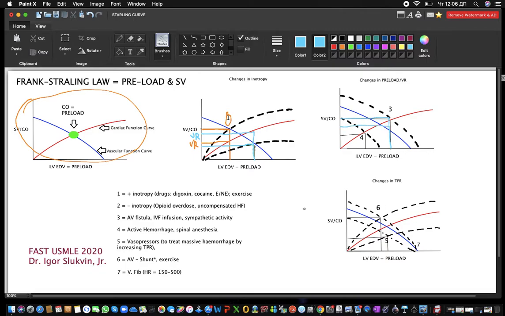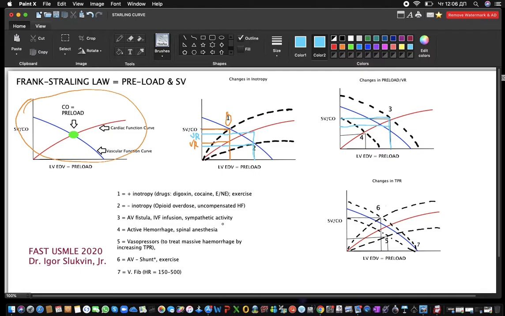So things like an AV fistula, an IV infusion. Let's say you give a patient a liter of normal saline.